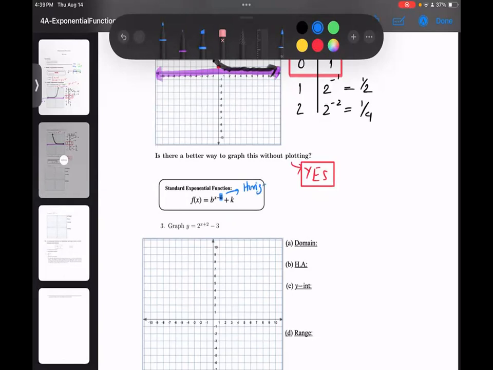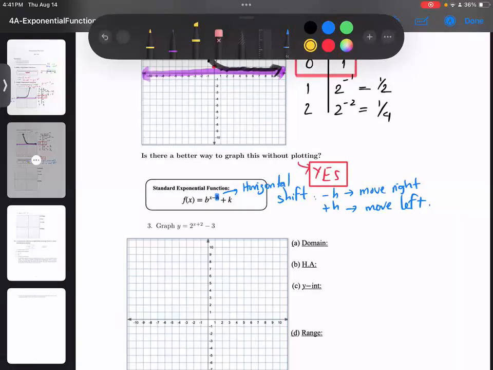It's the horizontal shift. And again, if it's minus h, you're gonna move right, plus h, you move left. Let me put that down there. Minus h, move right, plus h, move left.